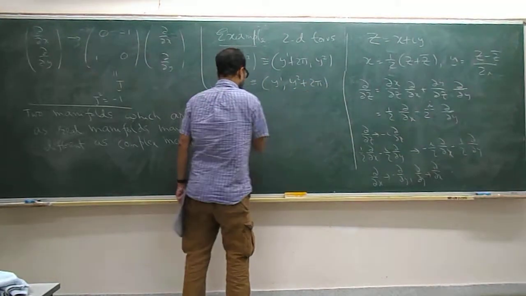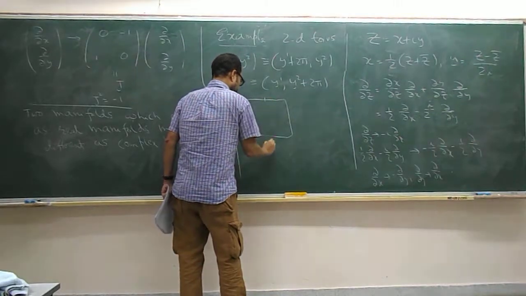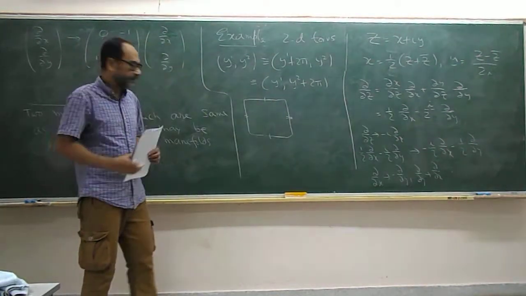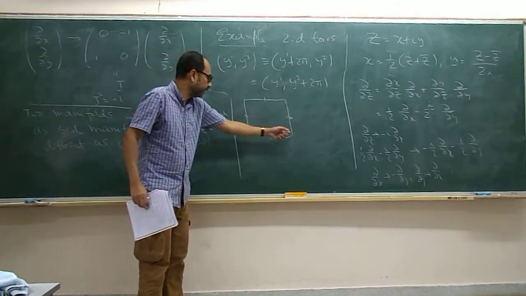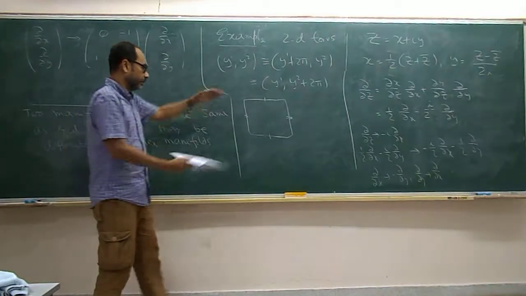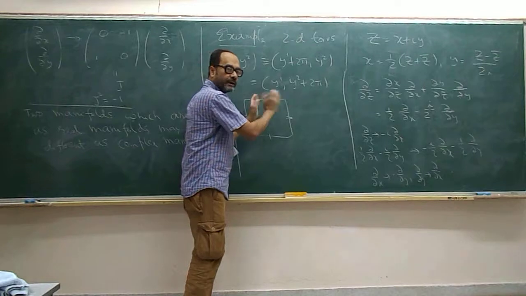So basically a square with opposite lines identified: a shift by 2 pi in the y1 direction and a shift by 2 pi in the y2 direction are identified. You can imagine that you fold it to make it into a cylinder and then fold it to make it into a torus.